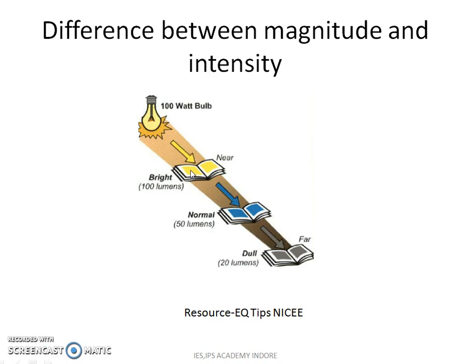While the bulb releases 100 watts of energy, the intensity of light at a location depends upon the wattage of the bulb and its distance from the bulb. Hence, the size of the bulb, that is 100 watts in our case, is like the magnitude of an earthquake, and the illumination at a location is like the intensity of shaking at that location.